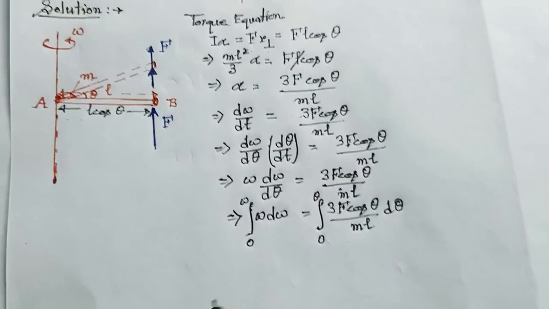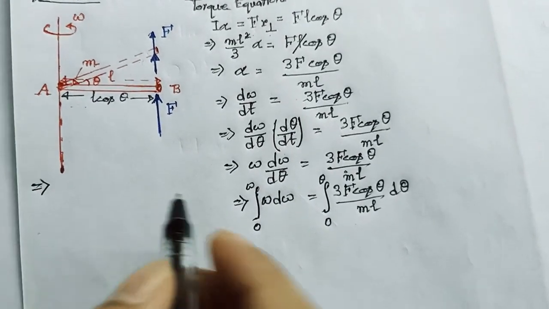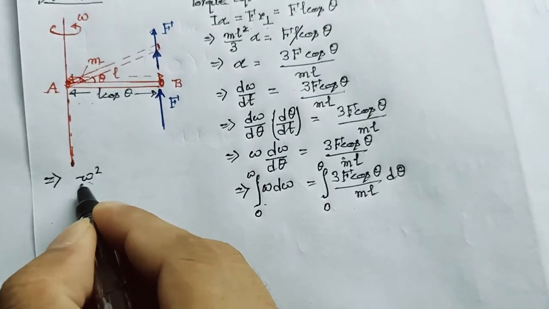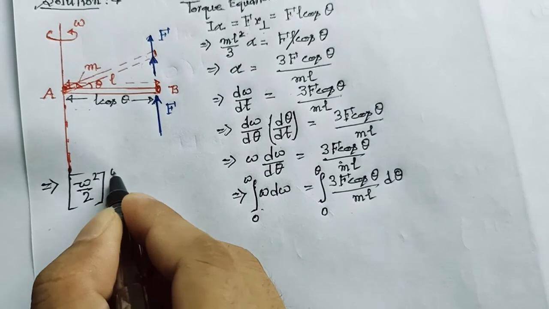So from this equation, the integration of omega d omega will be omega squared divided by 2, with limits from 0 to omega.